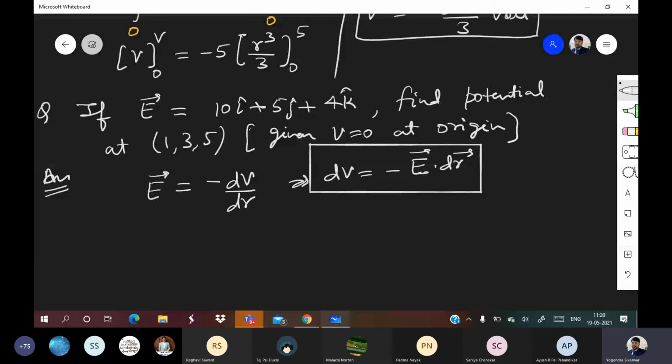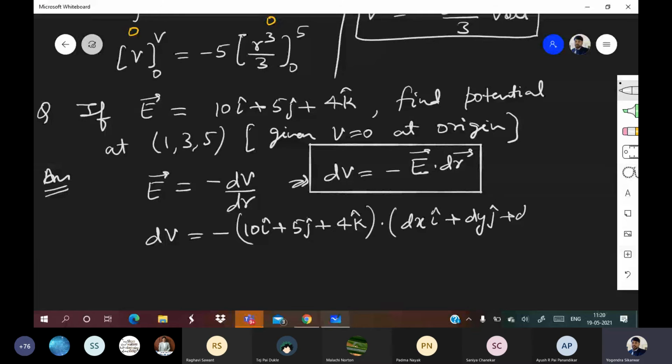So dV comes out to be minus E, which is given as 10 i cap plus 5 j cap plus 4 k cap, and dr will be dx i cap plus dy j cap plus dz k cap.